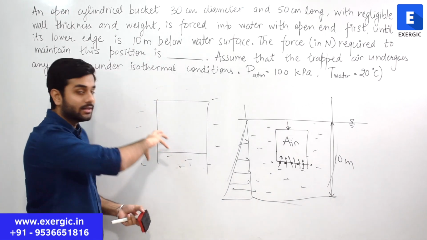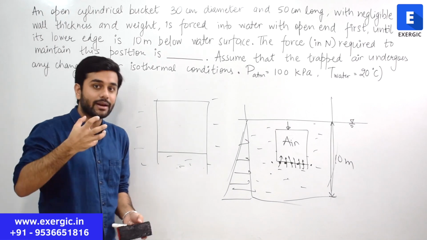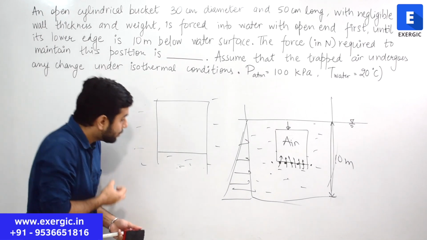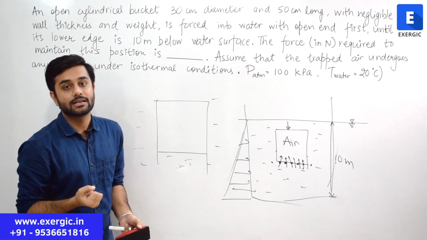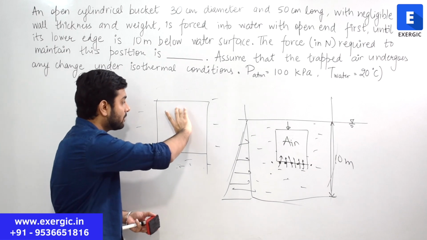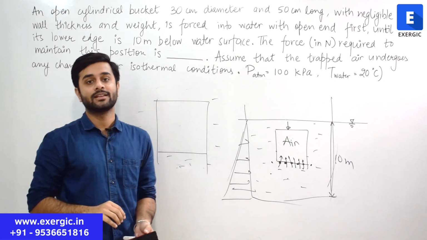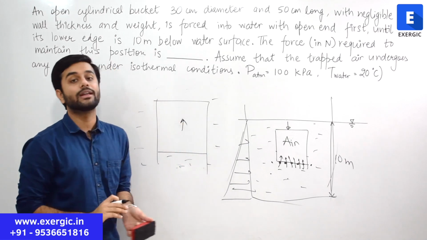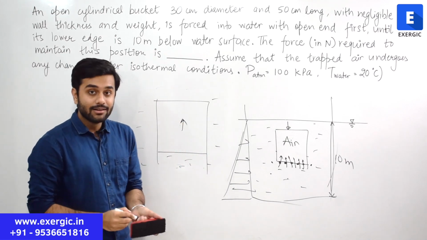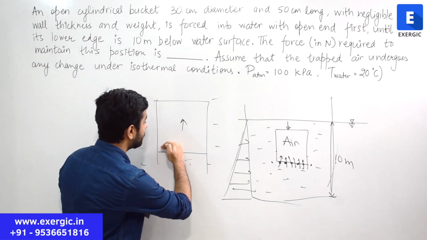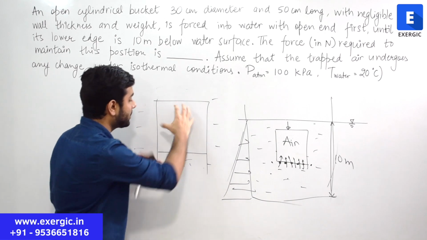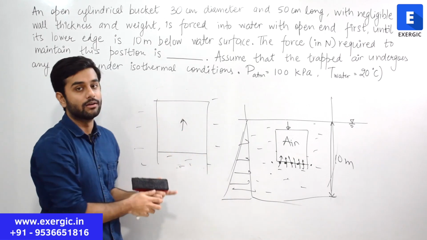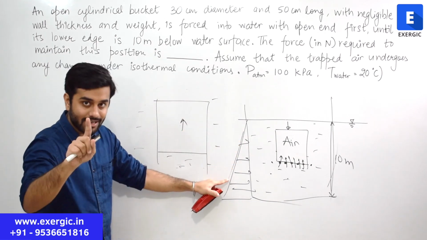The fluid, the water which is at higher pressure, is going to push the air inside due to high pressure. As a result of that, the air will also start getting compressed. The pressure inside of the air will also keep on increasing. And this water will keep pushing it until this pressure becomes equal to the pressure of the fluid, which is increasing. You getting my point?